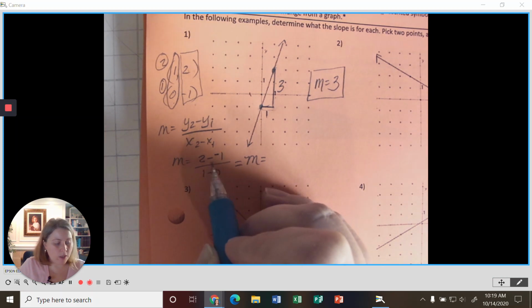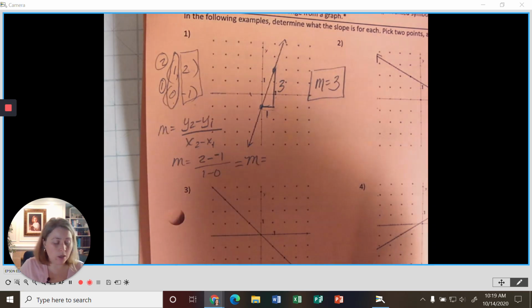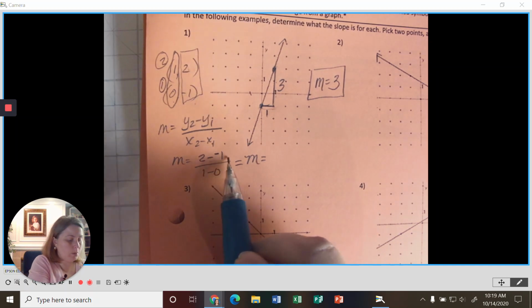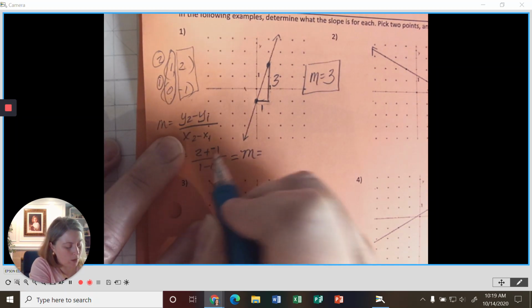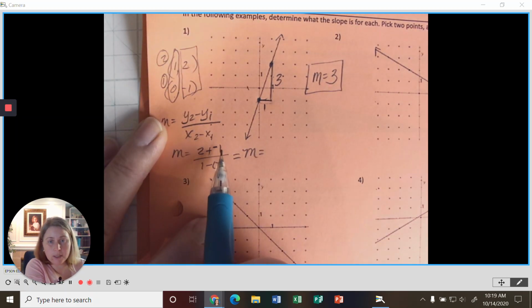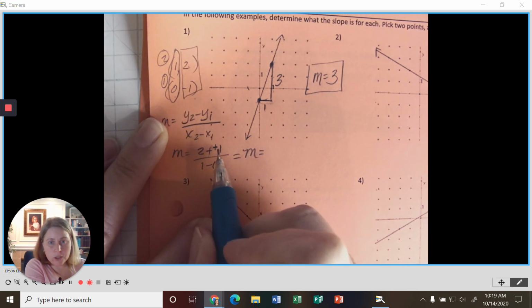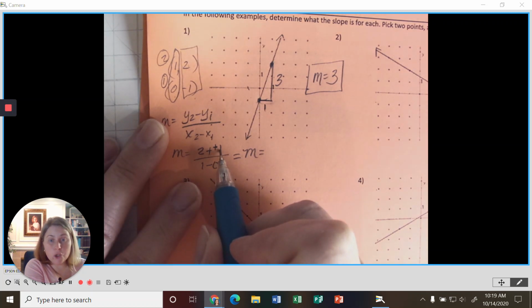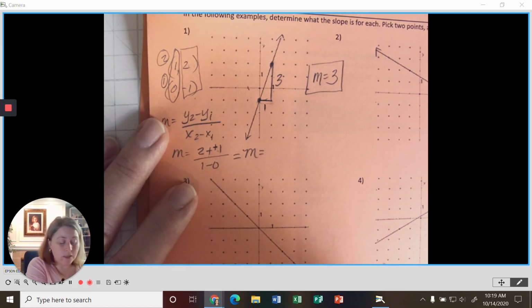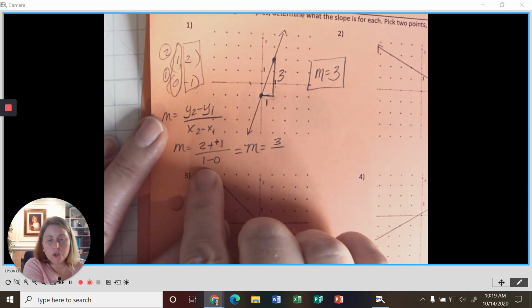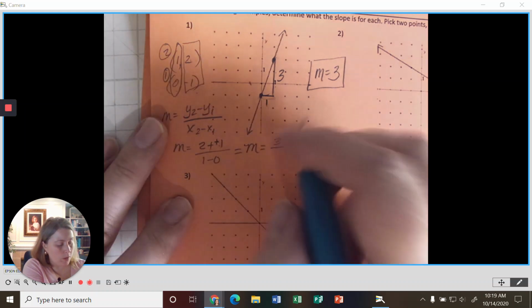Remember, with integers, we can change a minus and a negative to a plus and a positive. If you learned never subtract, add the opposite, I can change the minus to a plus as long as I change whatever sign is after it to its opposite. So the negative 1 becomes positive 1. That will give us 3 over, and then our change in x, 1 minus 0, is 1.